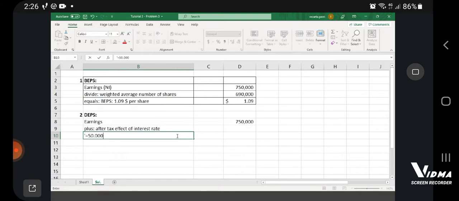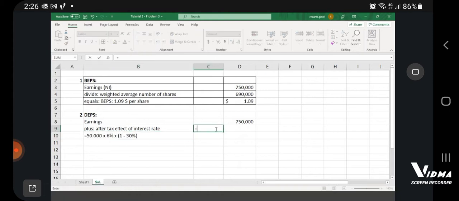So we have a 50,000 convertible debt multiplied by 6%, which is the interest, which is then multiplied by 1 less the percentage of taxes, which is 30% in this case. And if we properly do the calculations, 50,000 debt multiplied by 6% and then multiplied by 70%, this is 2,100, representing the adjustments that need to be done.